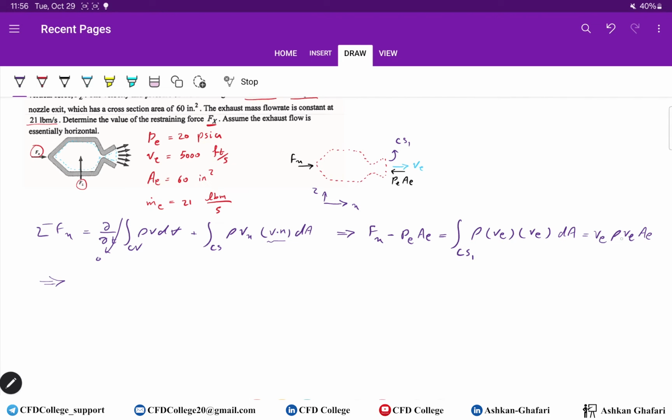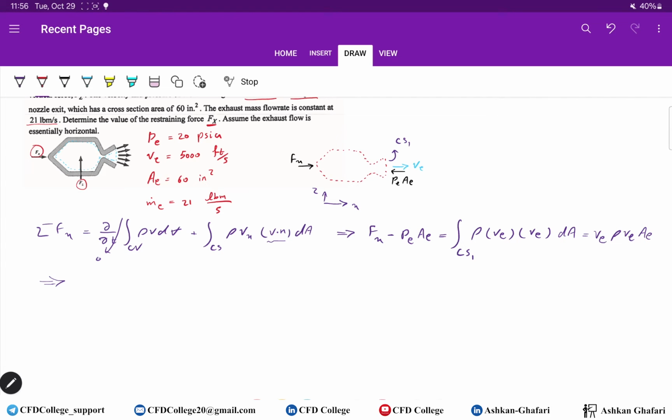Why should we do this? It's not mandatory, but we don't know the density of the exhaust gas, but we know the mass flow rate.